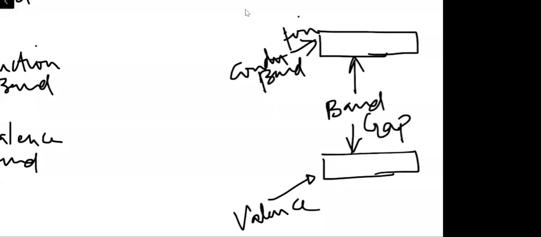Due to that, it is next to impossible for the electrons available in the valence band to overcome the band gap between the conduction band and the valence band. So even if you provide some external energy, it is very difficult to overcome the band gap in the case of insulators.